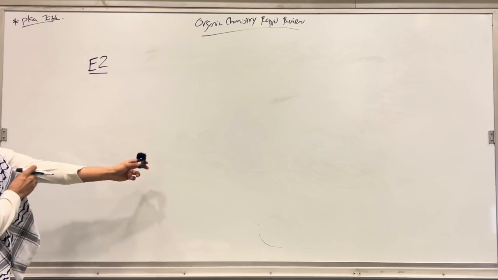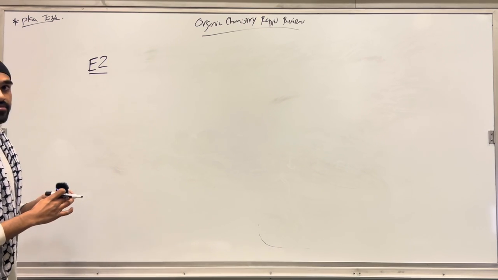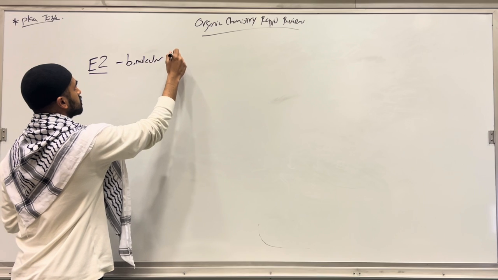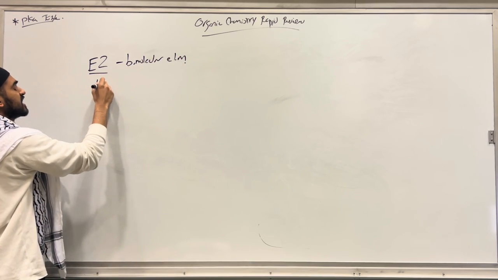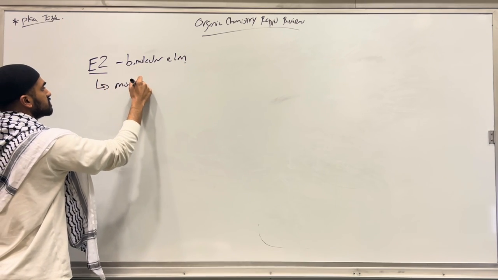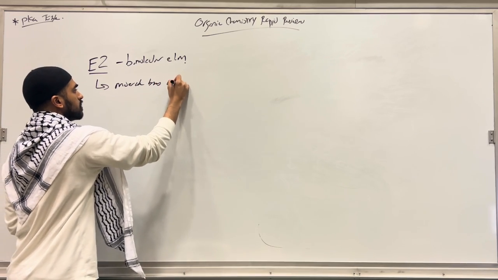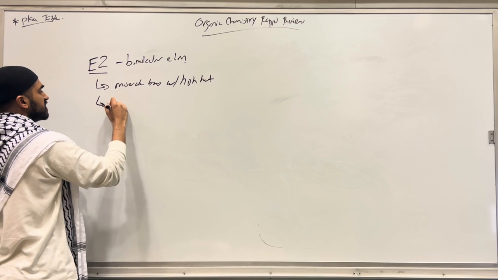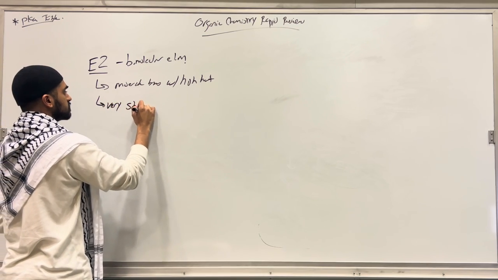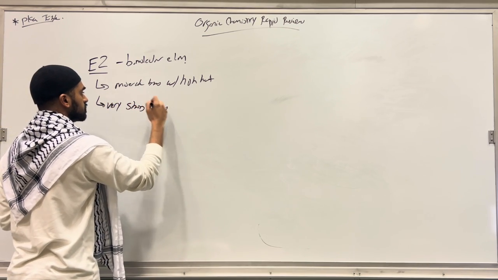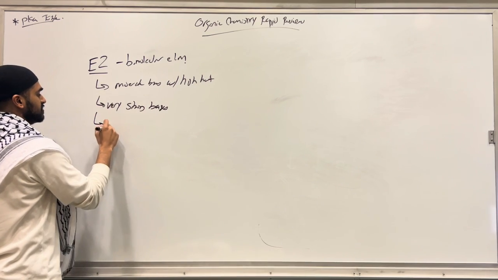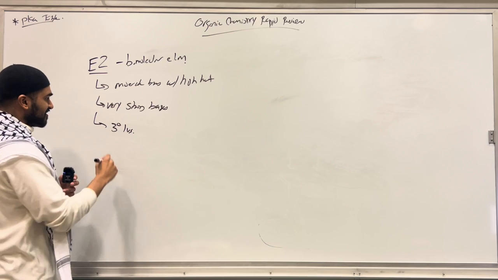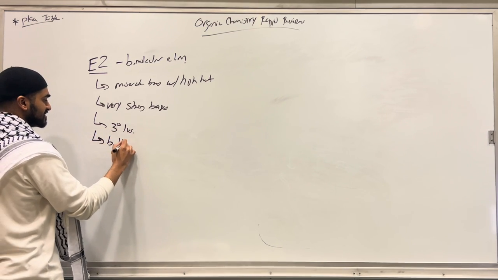Okay. So E2 is bimolecular elimination. And it's either moderate bases with high heat, or very strong bases, or tertiary leaving groups, or bulky bases.